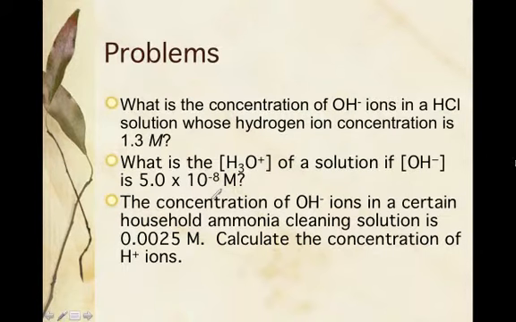So what would be the concentration of hydroxide ions in a hydrochloric acid solution whose hydrogen ion concentration is 1.3 molar? We can find the concentration of hydronium or hydroxide because Kw is equal to the hydronium concentration times the hydroxide concentration. And what is Kw? What's the value for Kw? 1 times 10 to the negative 14.